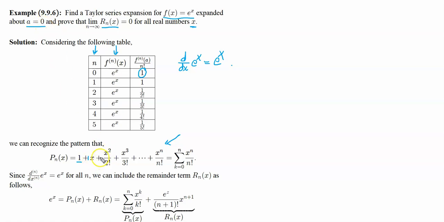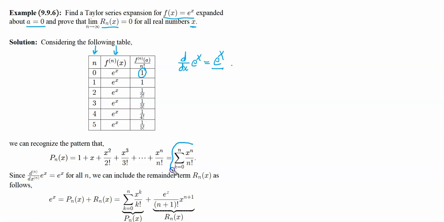And then we have plus 1 over 2 factorial times x minus 0 squared, plus 1 over 3 factorial times x minus 0 cubed, and so on. And we keep going to x to the n over n factorial. This is our nth degree Taylor polynomial for the function e to the x, and notice that we can write it like this.